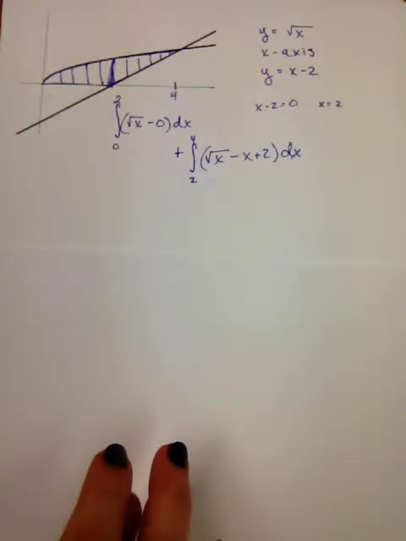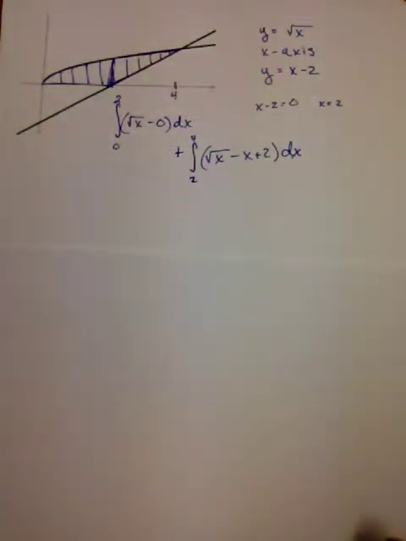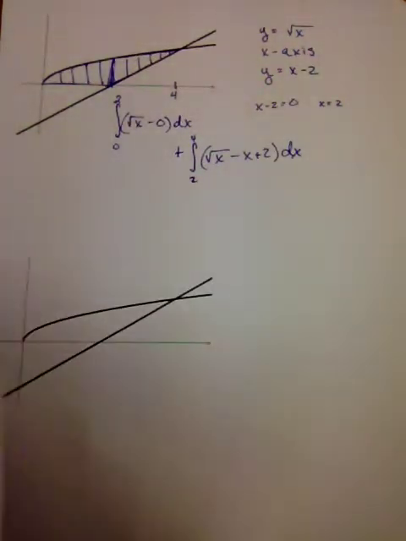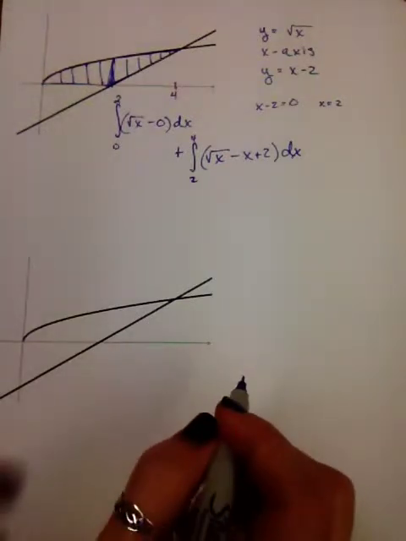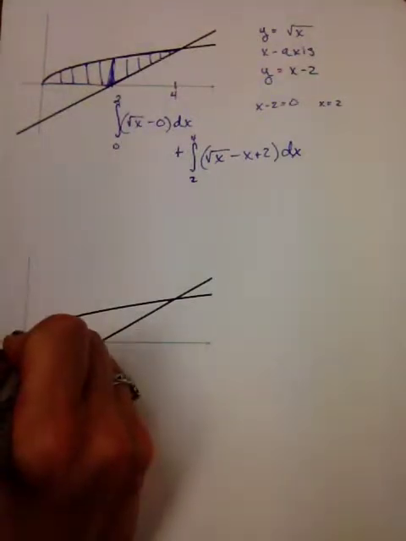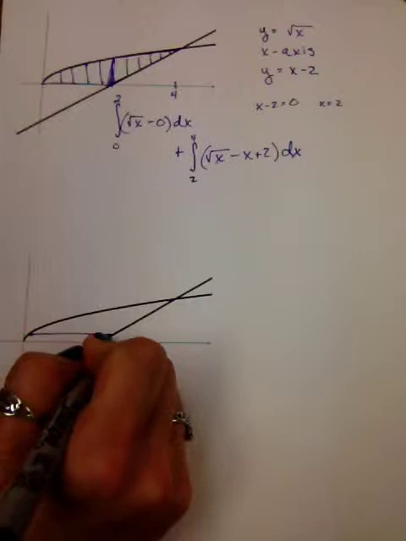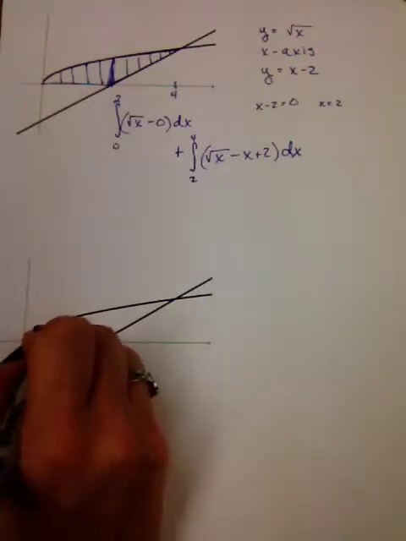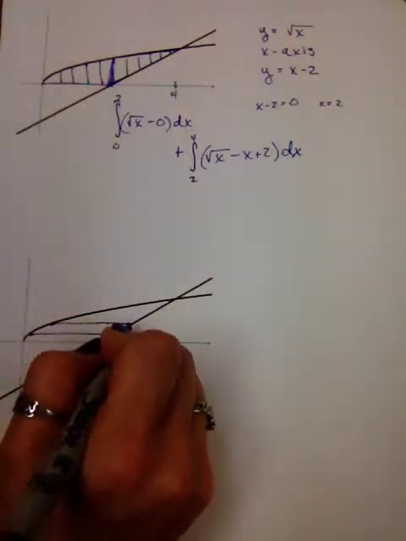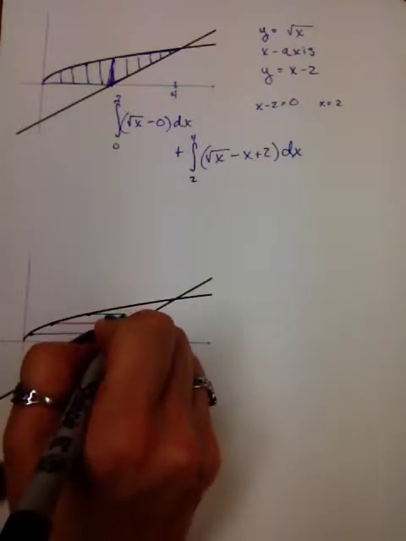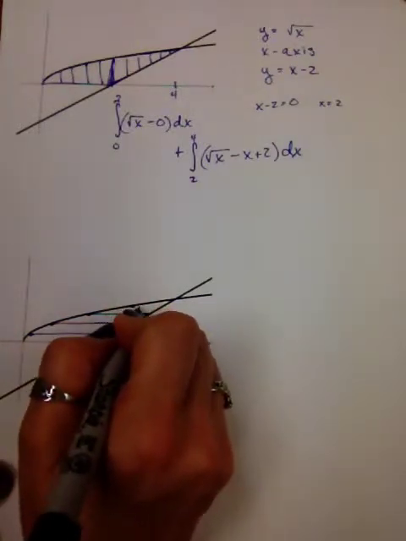Another way to do the same problem would be to think about this. What if it was with respect to y? What if all our little rectangles that we were adding up, if we were doing a Riemann sum, or we have infinitely many rectangles that are infinitely small in width, which is what we have here, were sideways?